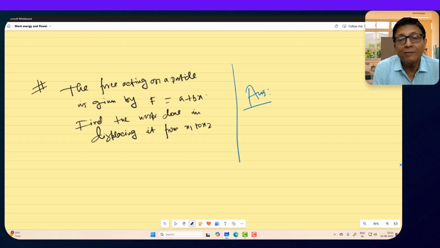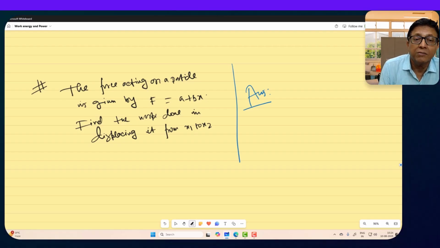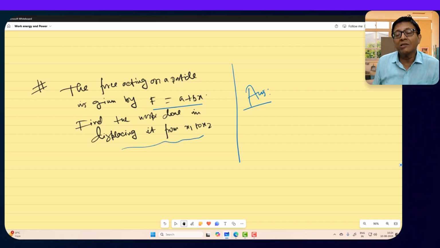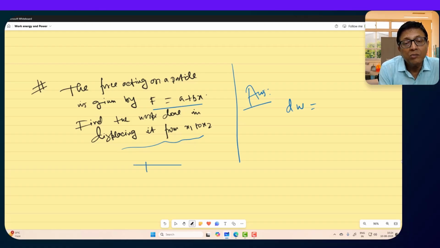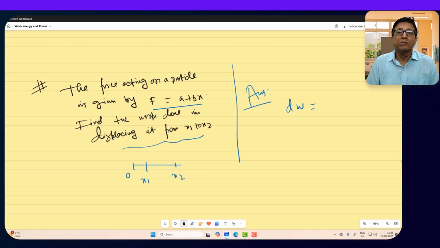So you write the expression for dW first. This is one-dimensional motion. X given means along x-axis only. Okay, this is an example of one-dimensional motion. So work done is going to be what? You find dW in displacing from x1 to x2. This is origin to x1 to x2.